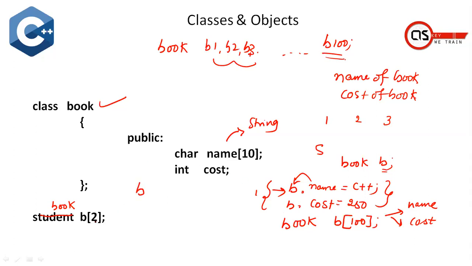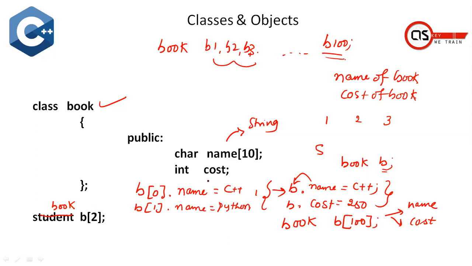So now if I would like to read information of 2 different books, one is B of 0, that is name. So name is C++, and then B of 1. Again, let me call the name of the book Python.